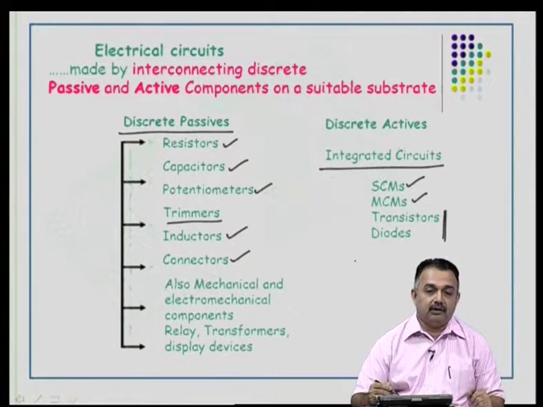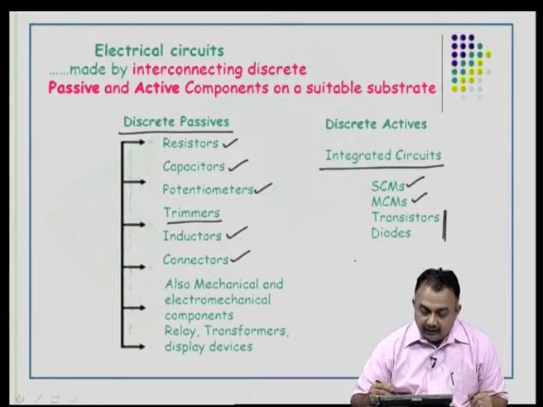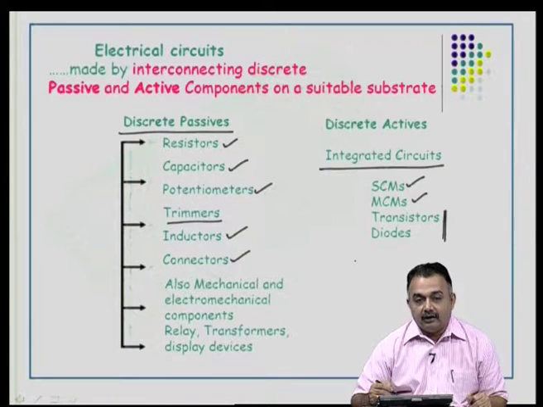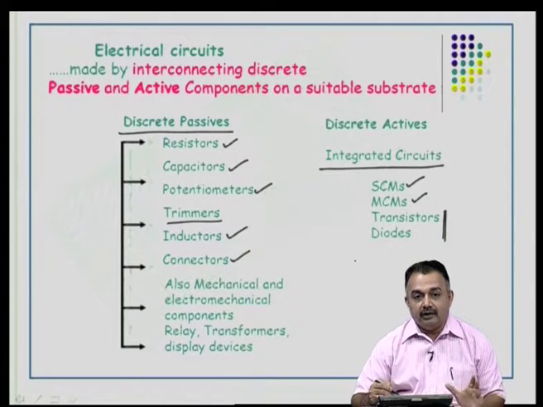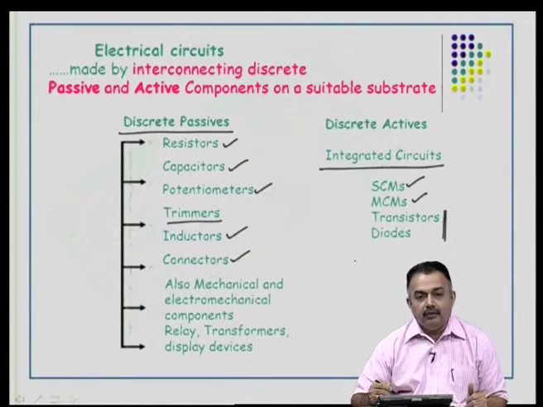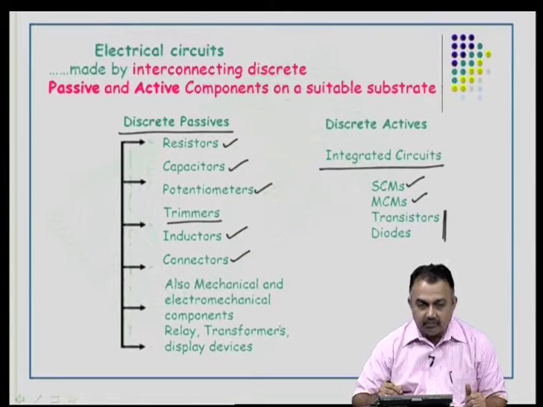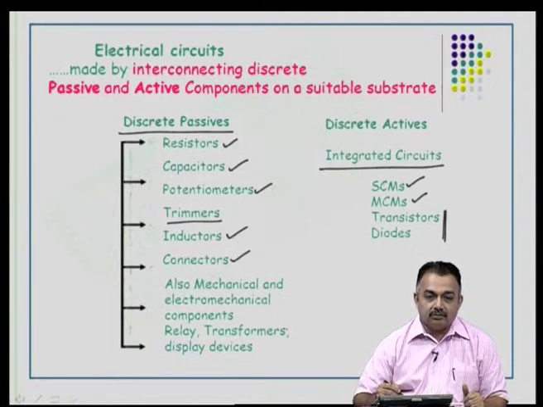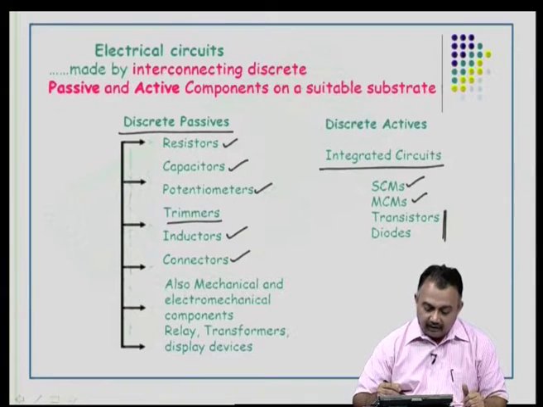There are various types of connectors available in the market today, and the connectors are very essential if you are integrating 2 or more boards in a particular large system. Also, you will be using various mechanical and electromechanical components like relay, transformers, display devices, liquid crystal display, other forms of display, and so on.